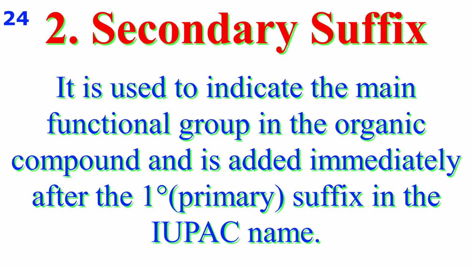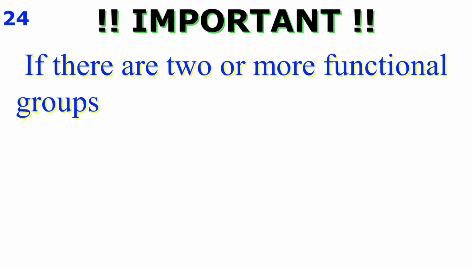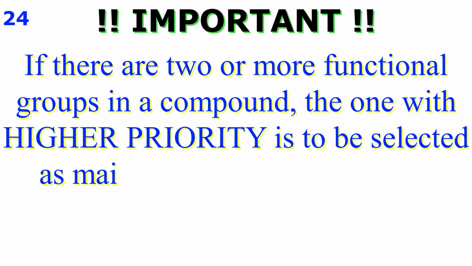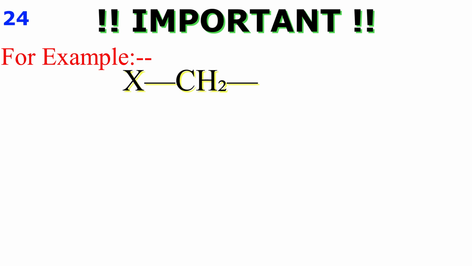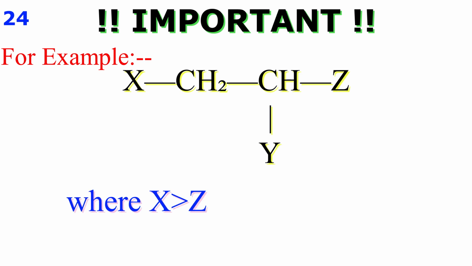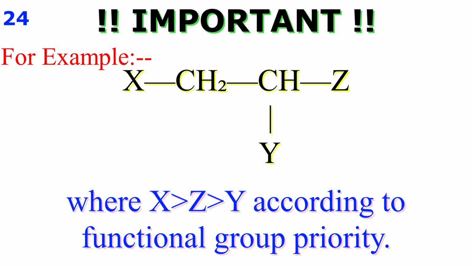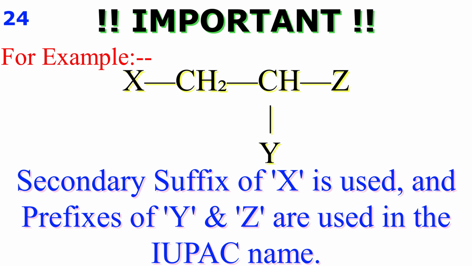Here, it is a very important note for you, friend. If there are 2 or more functional groups in a compound, the functional group with higher priority is to be selected as the main functional group, which must be indicated by a secondary suffix.